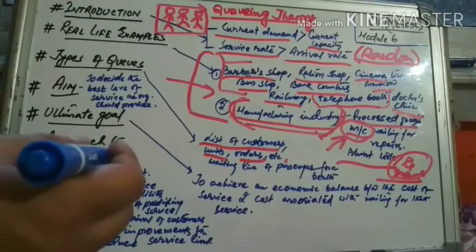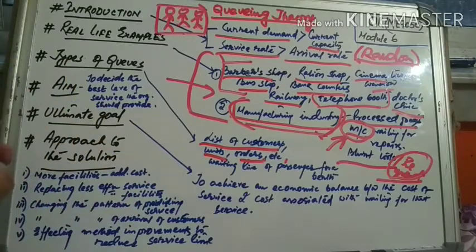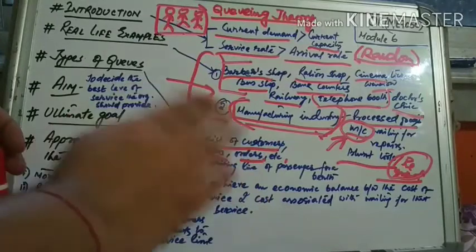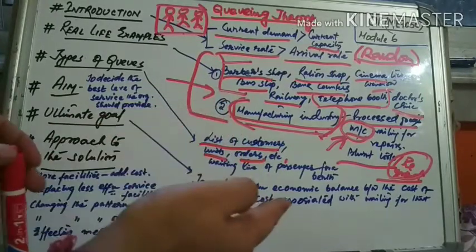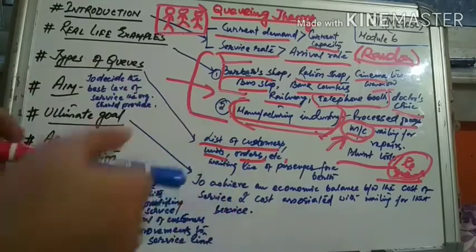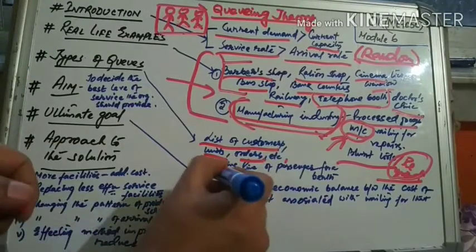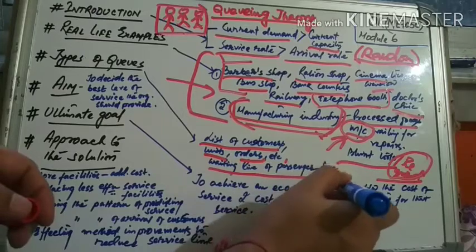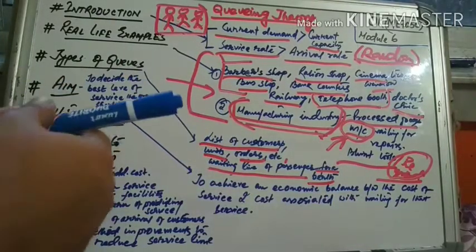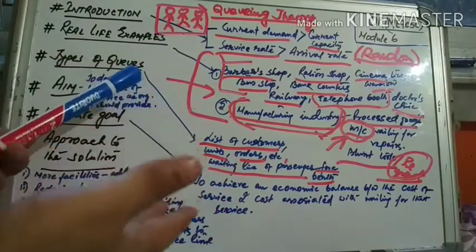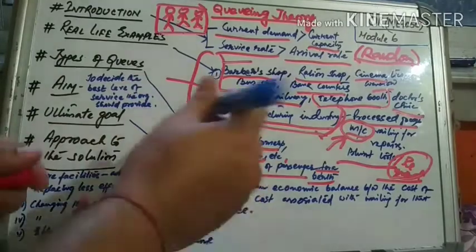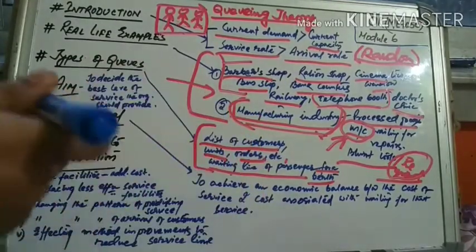Now some specific examples of this type of queue: unconnected telephone calls, a waiting list of passengers for a berth, which I think most of you have faced, and unscheduled orders in different departments, untyped paper with the typist, and so on. So these are the types of queues.